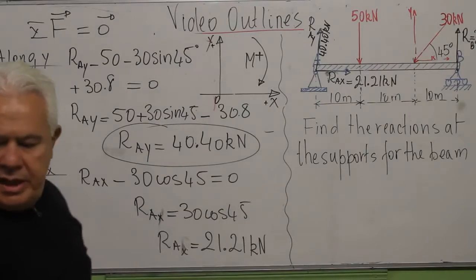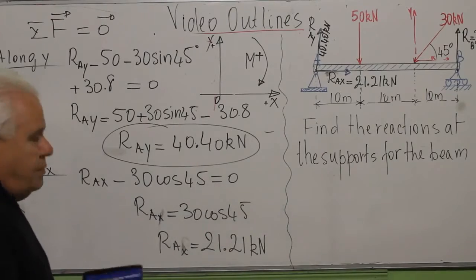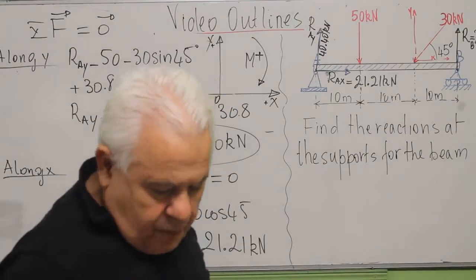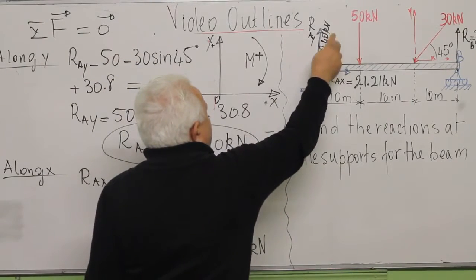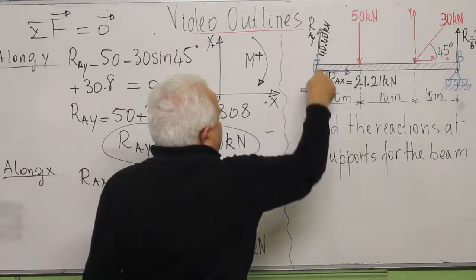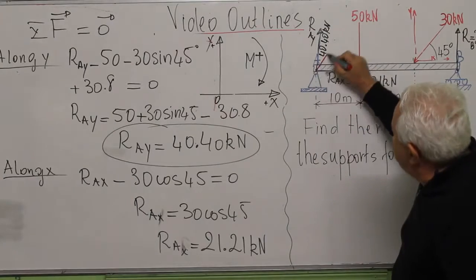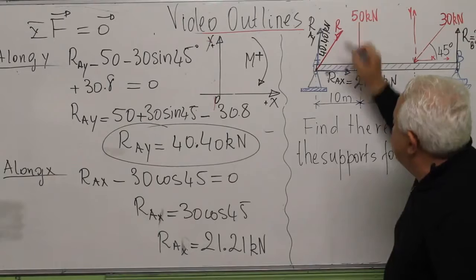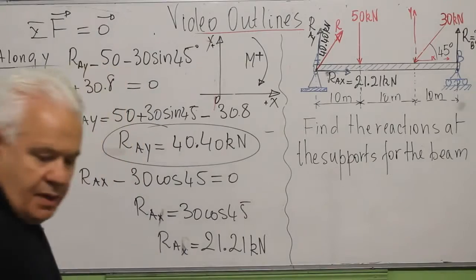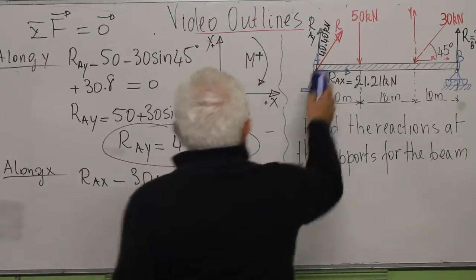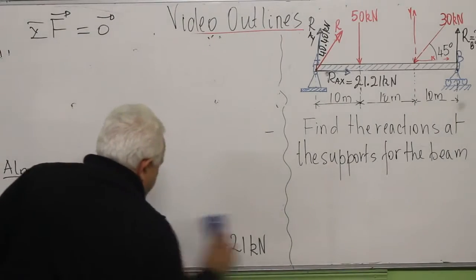Now I'm nearly there. I have just to give now the direction of the resultant at A, because this resultant at A has two components. Finally, the reaction is something like this at the point. So this reaction has this direction that I should determine. I've got the component along Y and the component along X. So now it becomes easy.